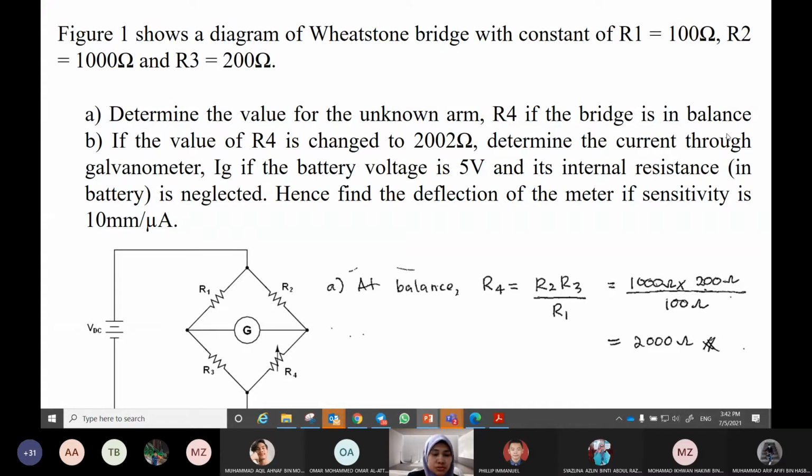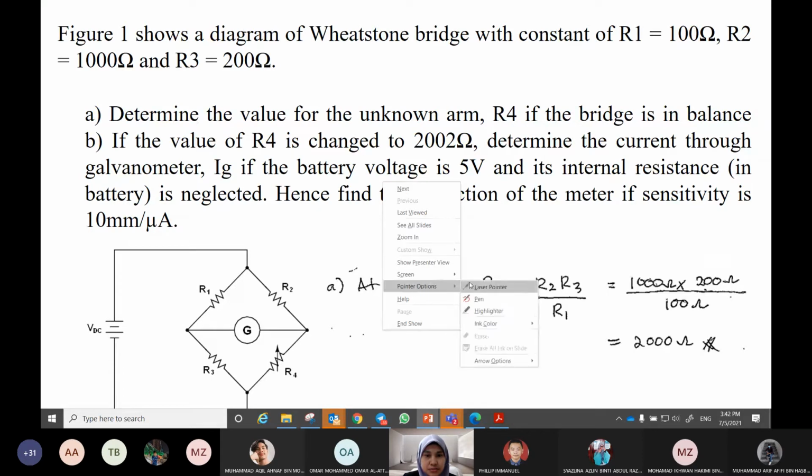So we just use the formula for the balance condition. At balance condition we know that R1 R4 is equal to R2 R3.